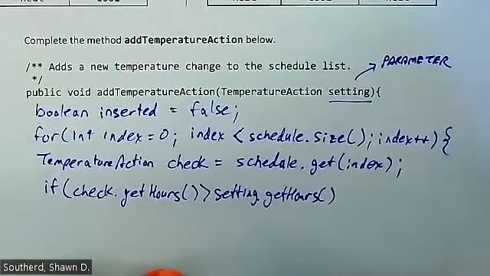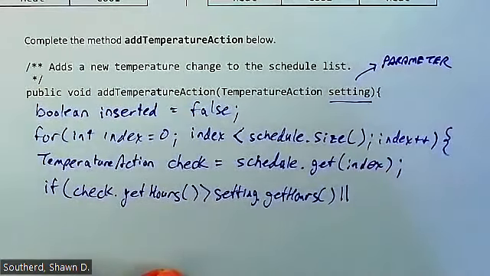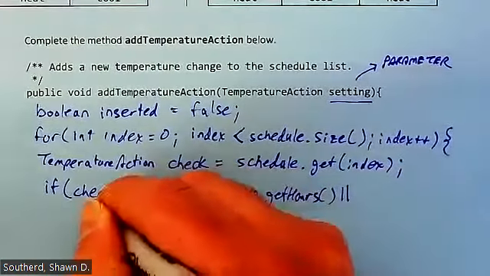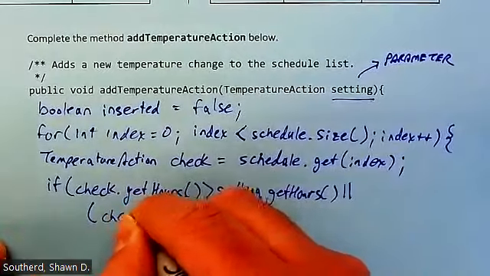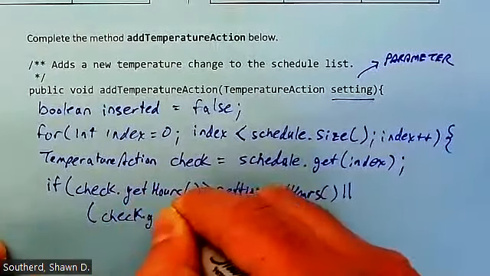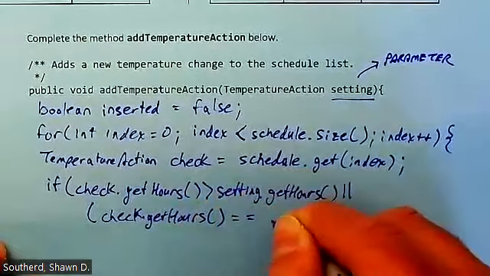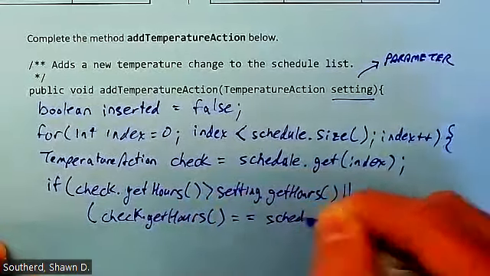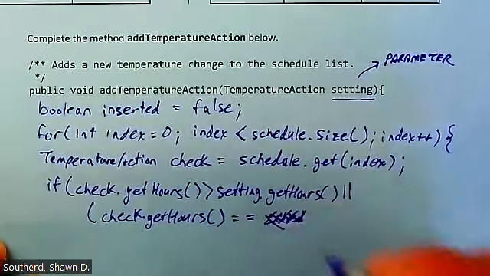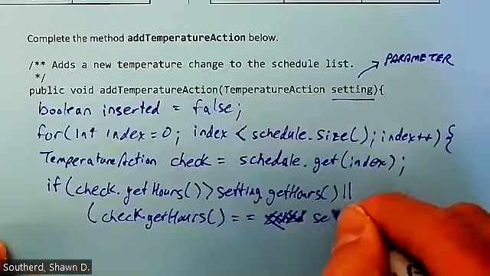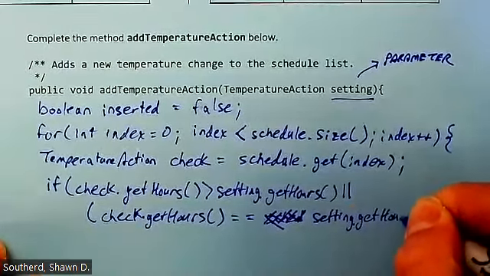on that first index. The other thing I want to check too is whether or not we get a situation. I'm going to go ahead and use the parentheses. This should all be on one line, but I write too big. If I use check dot get hours, what if the hours match what's in the setting, right? Oops, not schedule. I meant to say setting. Sorry about that. So it'd be setting dot get hours. Right.